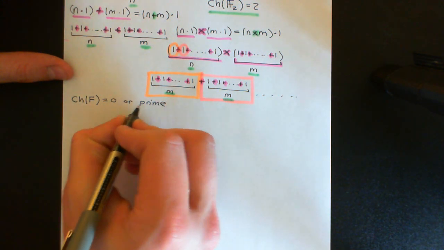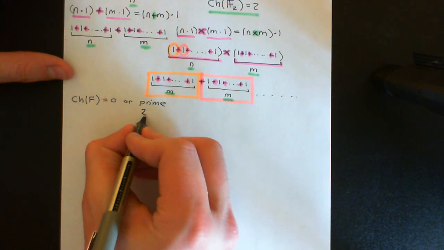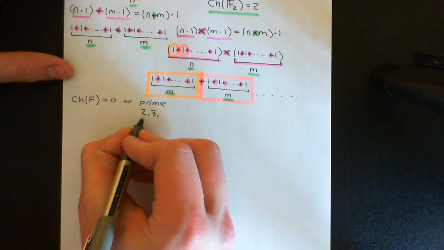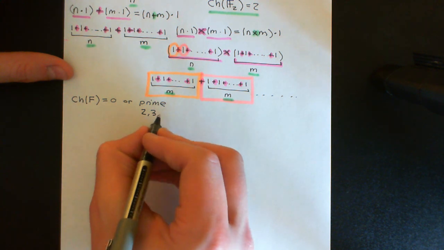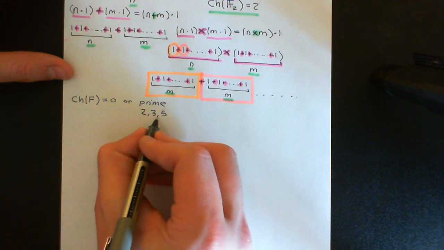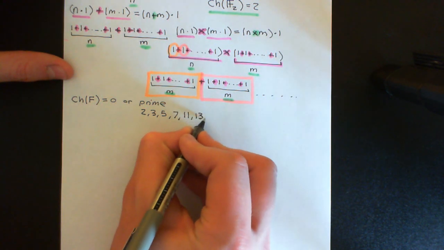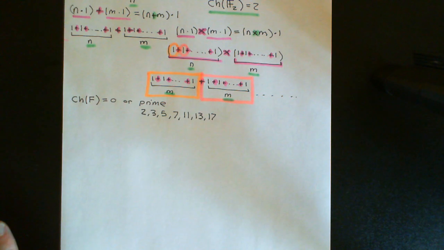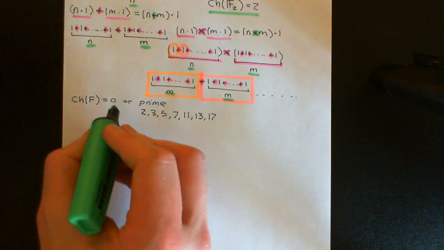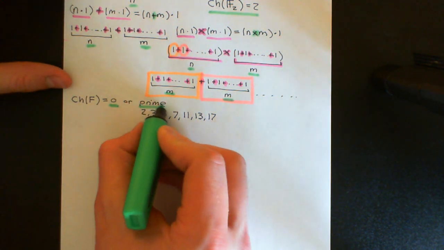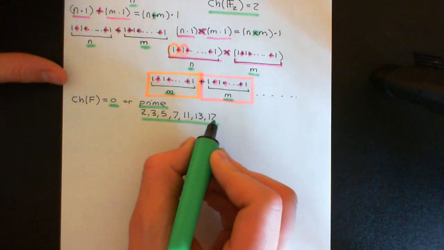So one of the prime natural numbers, for instance 2, 3, the numbers that you call prime numbers when you were back in school. So 2, 3, 5, 7, 11, 13, 17, all of these. So the characteristic of a field can only be 0 or one of these prime numbers, like so.